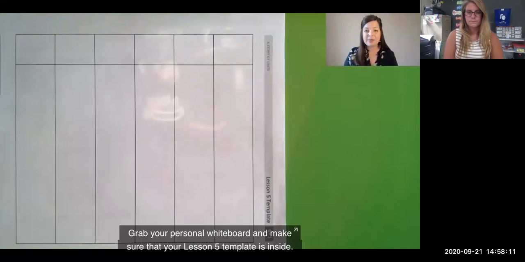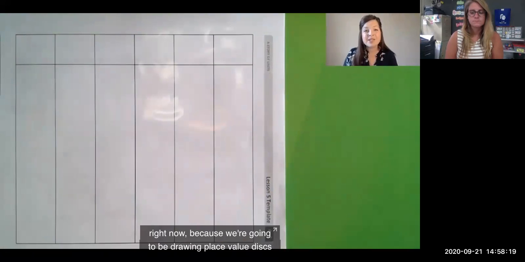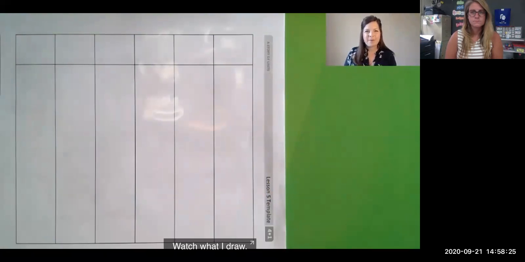Grab your personal whiteboard and make sure that your Lesson 5 template is inside. We won't need to label the columns on our place value chart right now because we're going to be drawing place value discs that already have the value inside them. Watch what I draw.